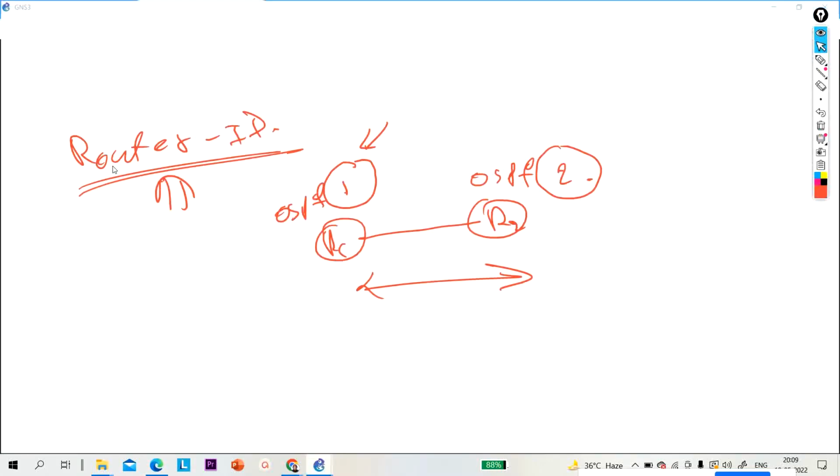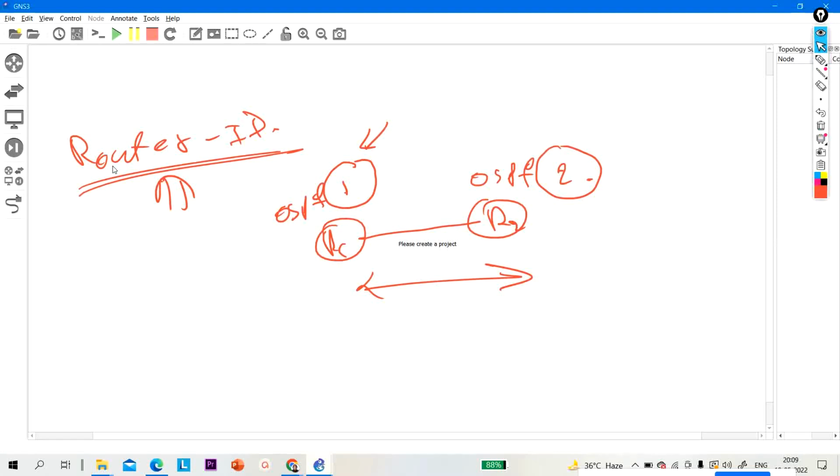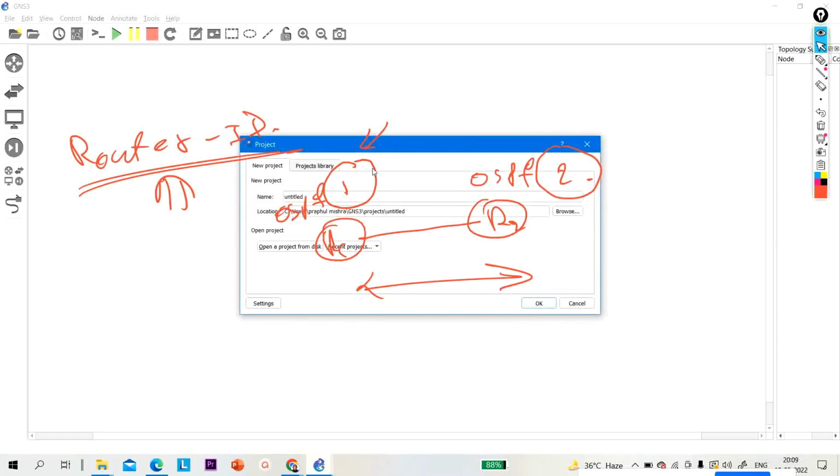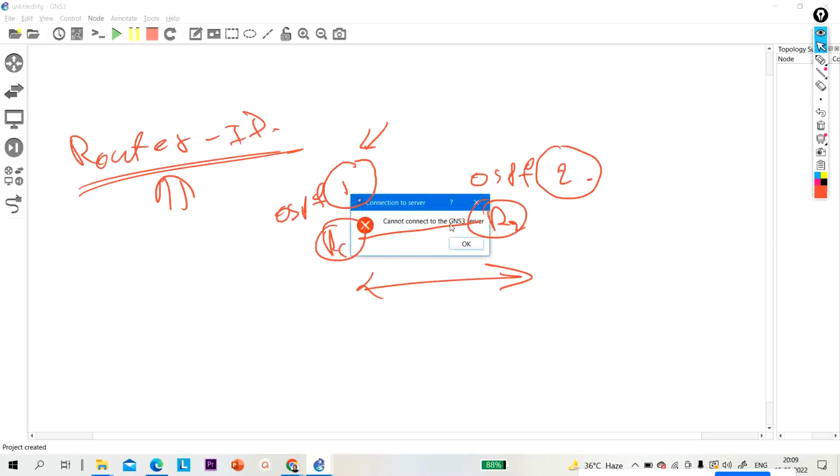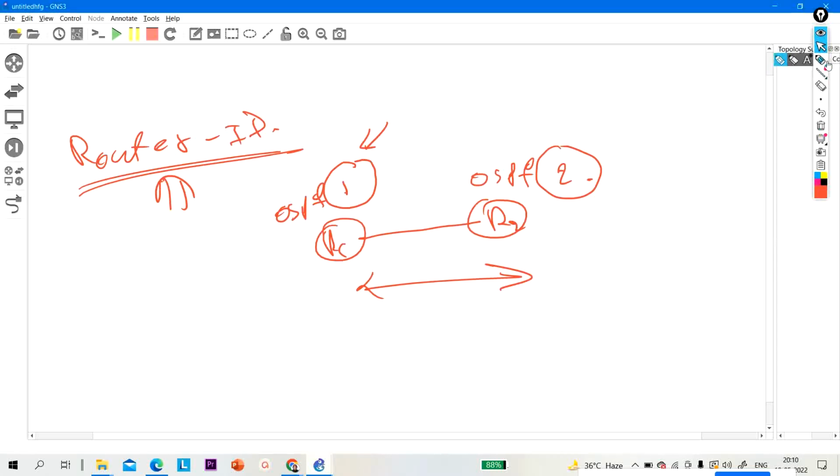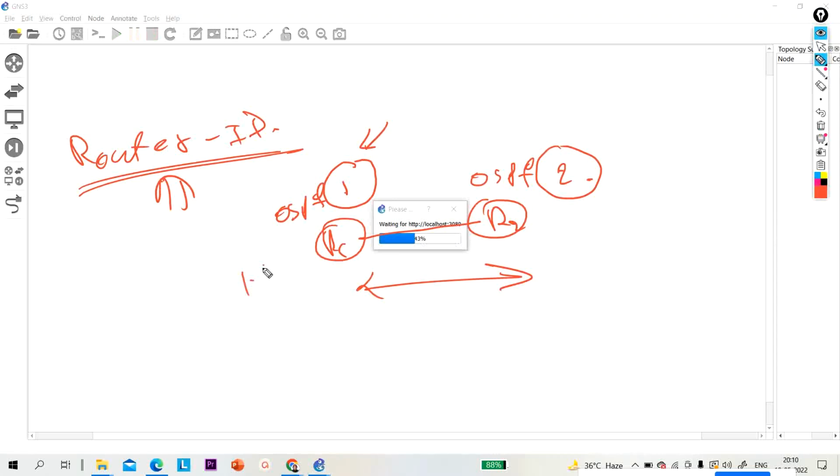From 1 to 65535, which is 2 to the power 16. Yes, you can configure process ID from 1 to 65535.